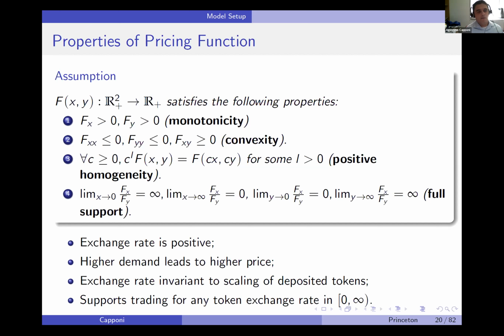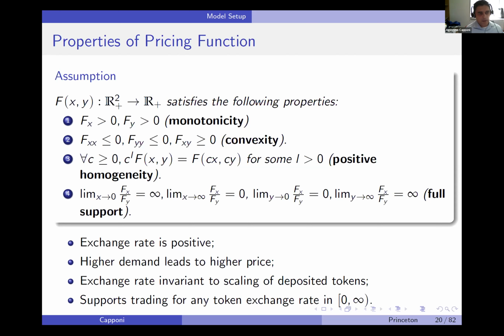So if you have 5 token A and 10 token B, and you multiply the number of tokens by 2, so instead of 5 and 10 now you have 10 and 20, then you still want to have the same exchange rate. You don't want to change the exchange rate just based on scaling. You want the ratio to be different for having a different exchange rate.